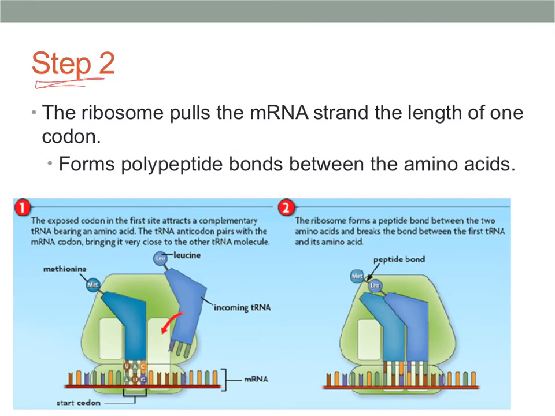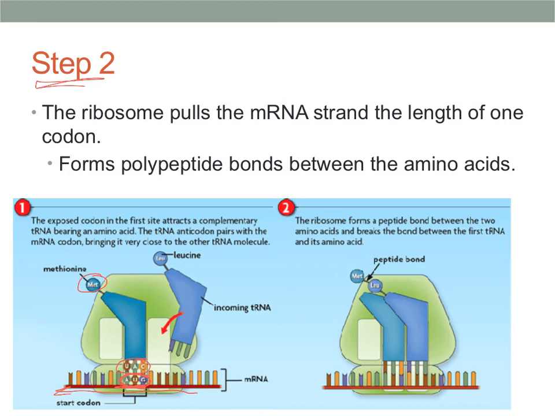Step 2. The ribosome is going to pull the messenger RNA strand the length of 1 codon. So it's going to bind with it, and it's going to start pulling it through, 3 bases at a time, until we get a start codon. The transfer RNA anticodon is going to bind with the messenger RNA's start codon and bring in this amino acid, methionine, which is always the first one in a polypeptide chain.